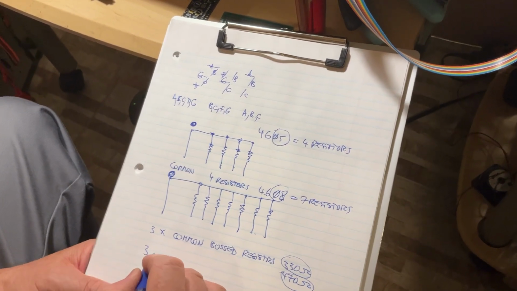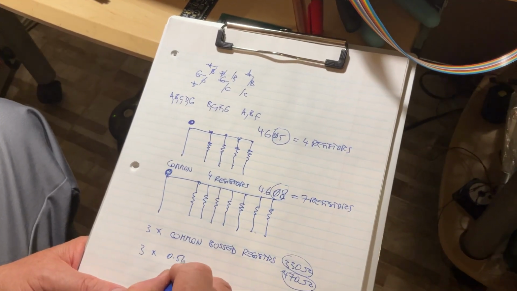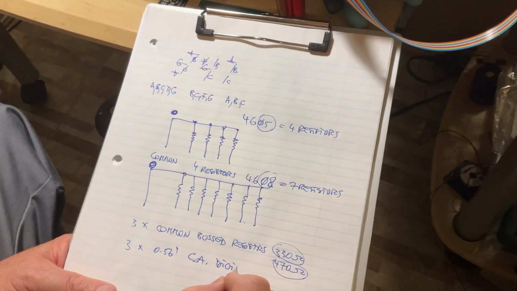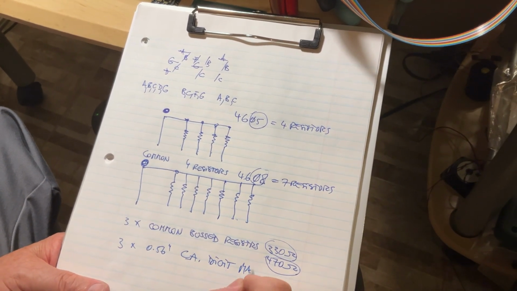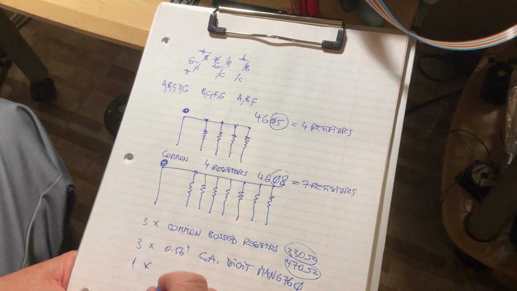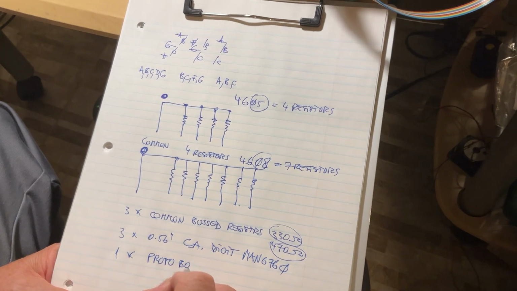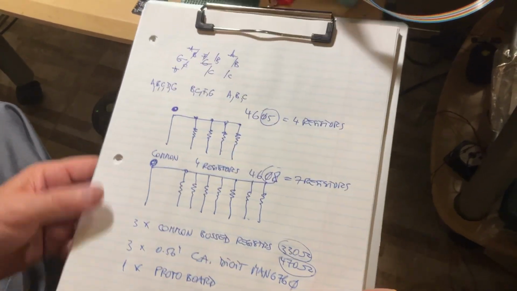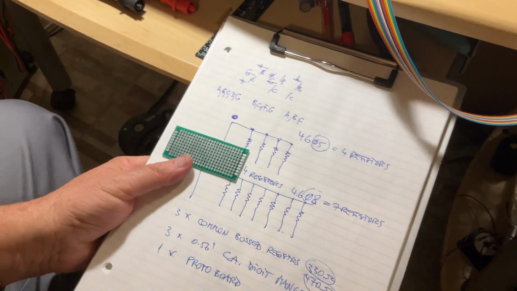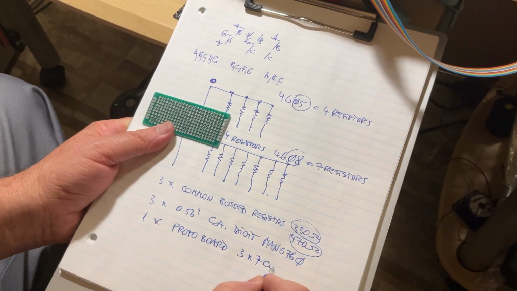Then you need 3 digits, 0.56 inches common anode digit, MAN 6760. Then you need 1 protoboard. This one here, that's what I found in my junk box. I'm gonna use this one 3 times 7 centimeter.